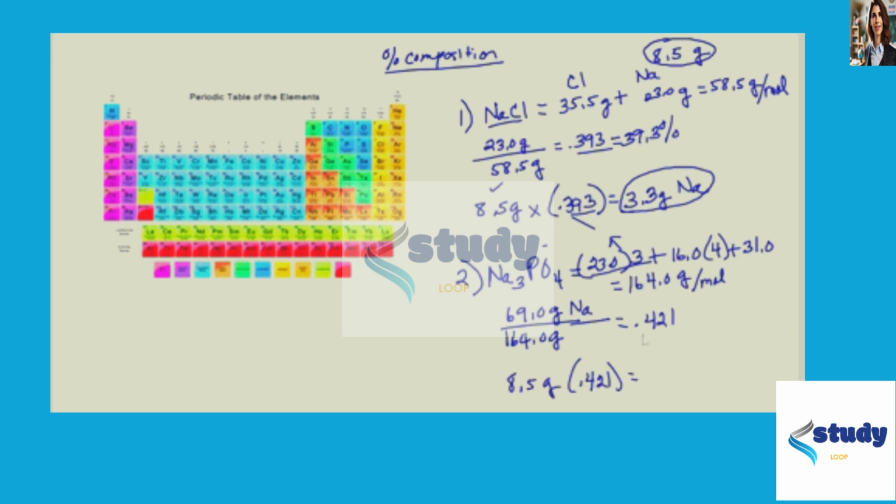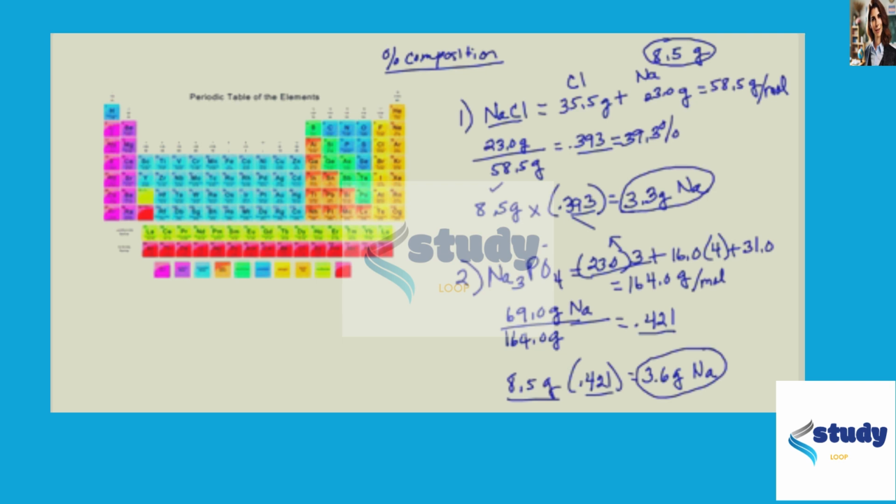We end up getting a fraction of 0.421, or about 42% is sodium. Again, we have an 8.5 gram sample size multiplied by the fraction of sodium in that sample, and we end up getting 3.6 grams of sodium then that are present in the sodium phosphate sample. So very similar to what we saw with sodium chloride.